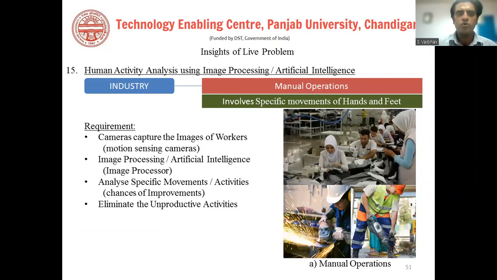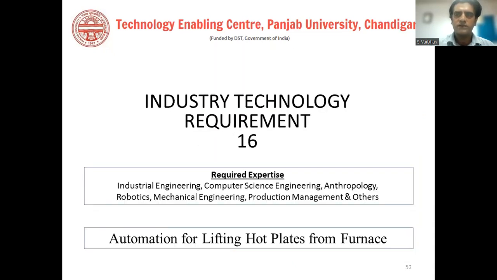These are basically motion sensing cameras. They need an image processor such that they will analyze the specific movements or activities of the labor, and one can see the chances of improvements for unproductivity, such that they could eliminate the unproductive activities of the workers.